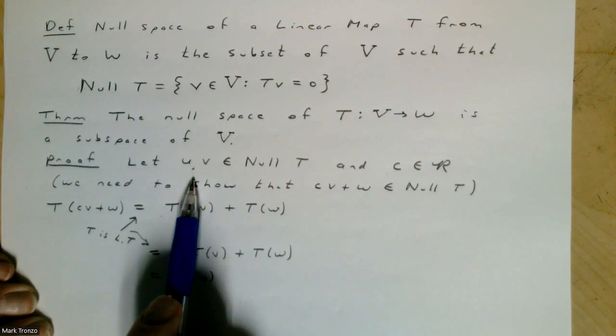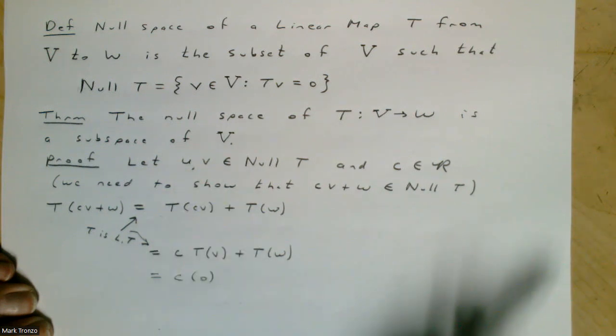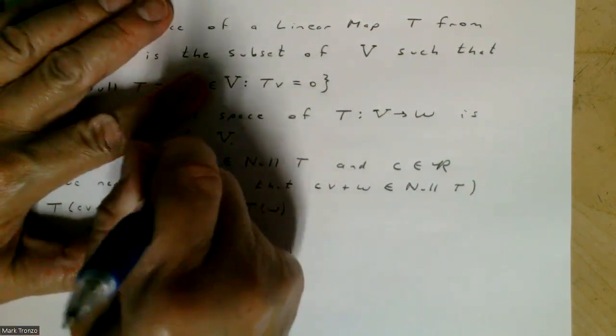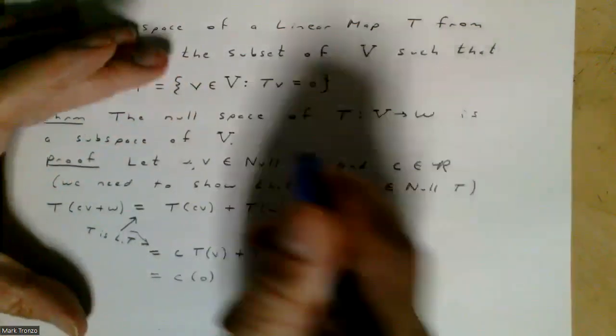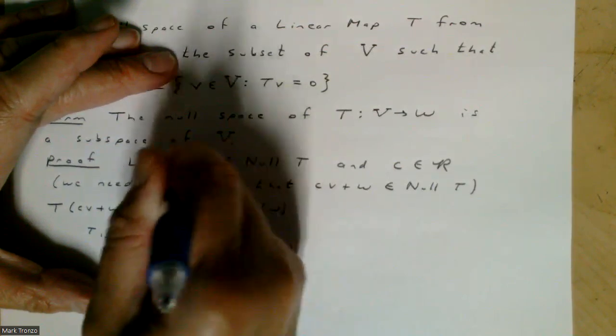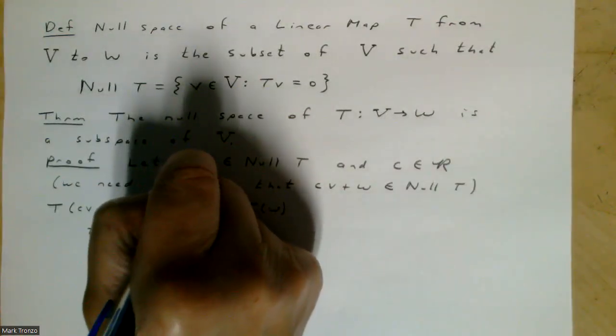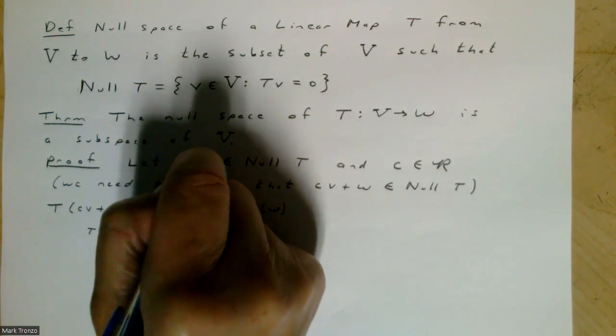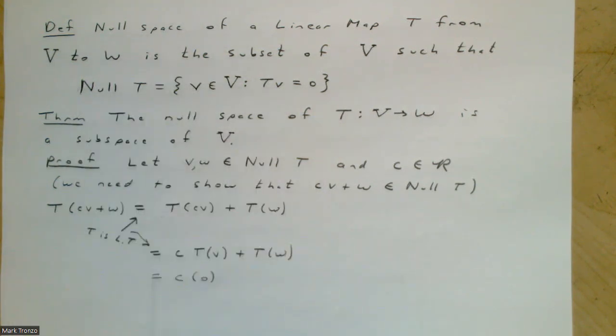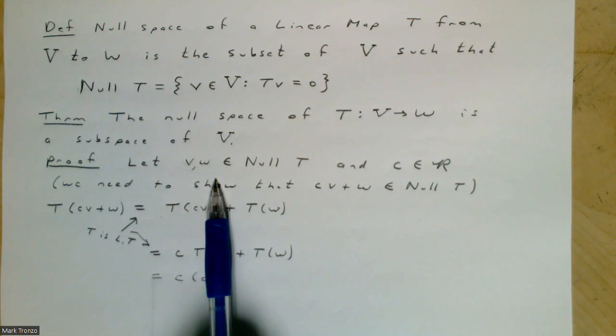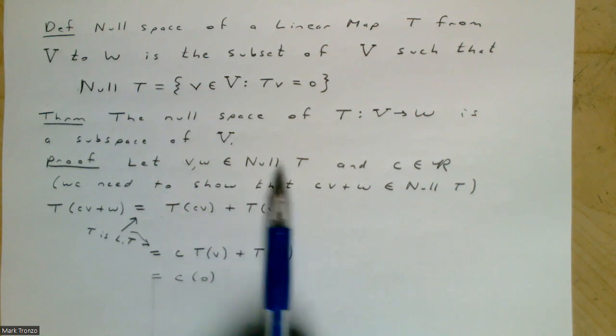And w, oh, excuse me, I'm sorry. I should have originally made the v and w. Sorry about that. Back here, I should have made this v and w. So I want to pick two vectors, v and w, in the null space.